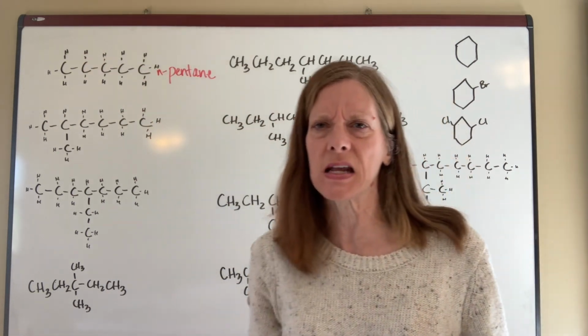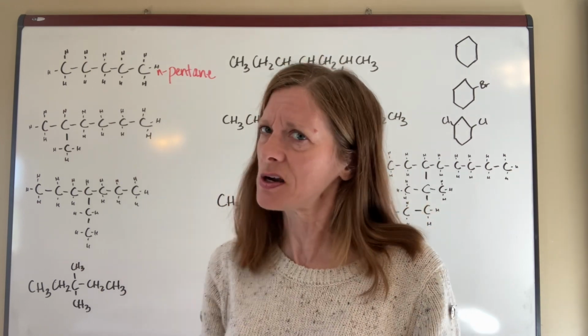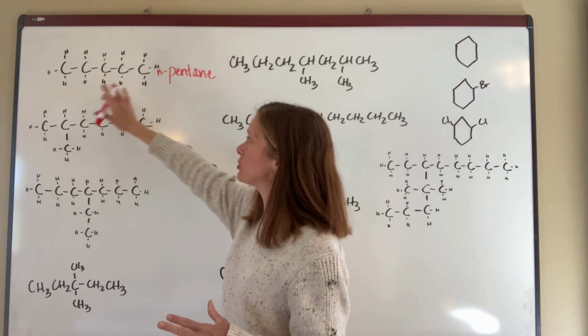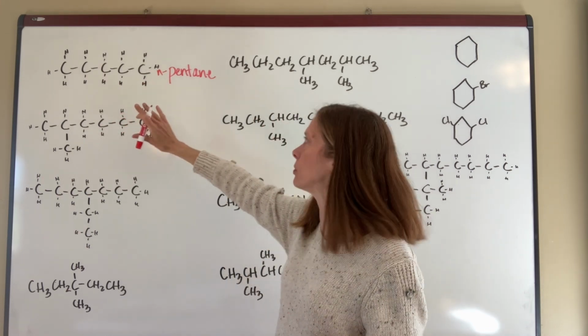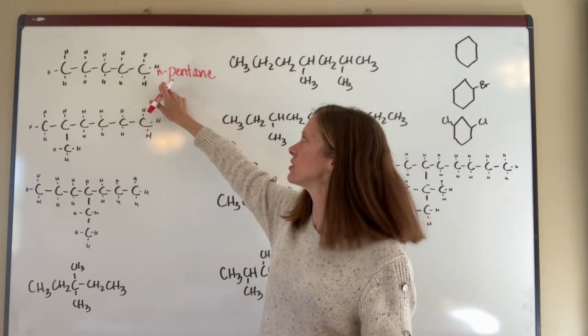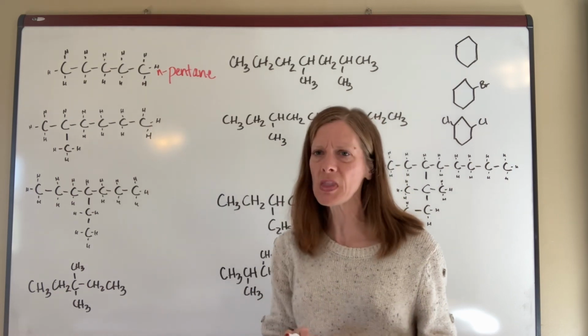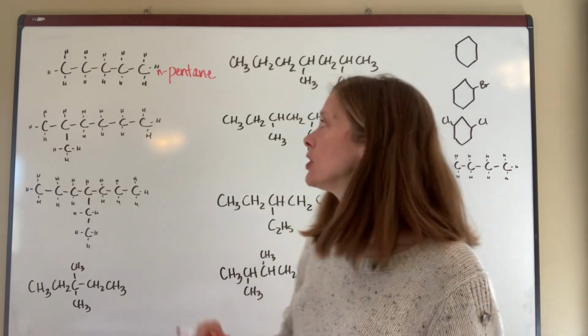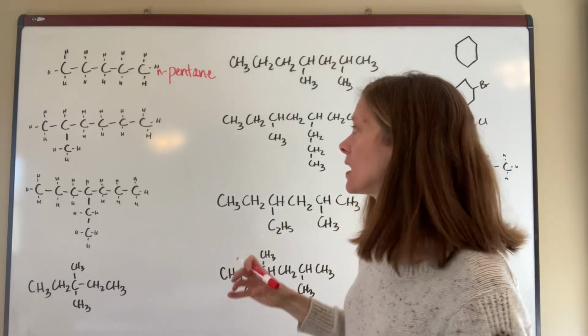I've been told that that stands for normal pentane. I'm not entirely sure if that's true, but a lot of times if it's just a simple straight chain carbon and nothing else is attached to it, they will put an N in front of it. So N-pentane.